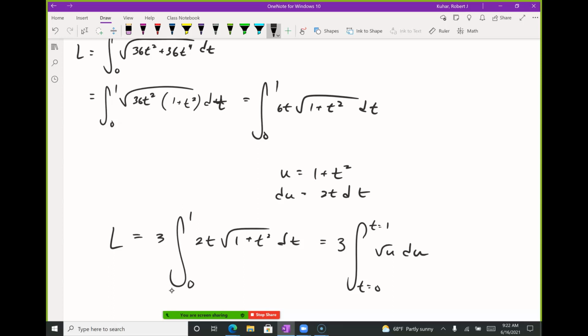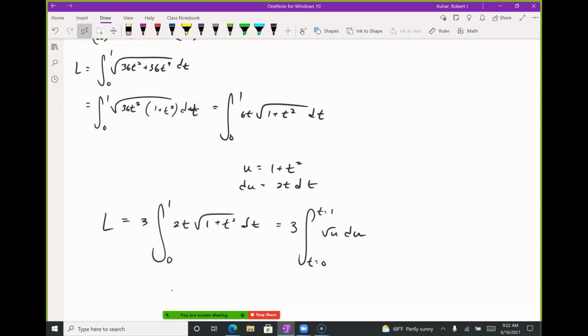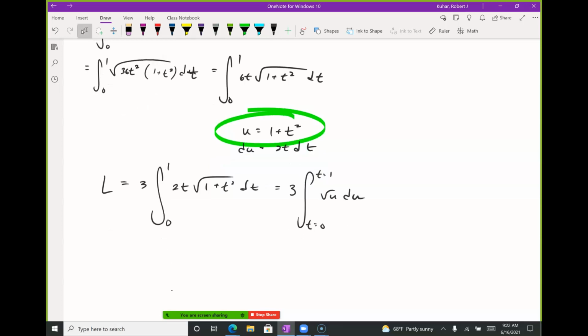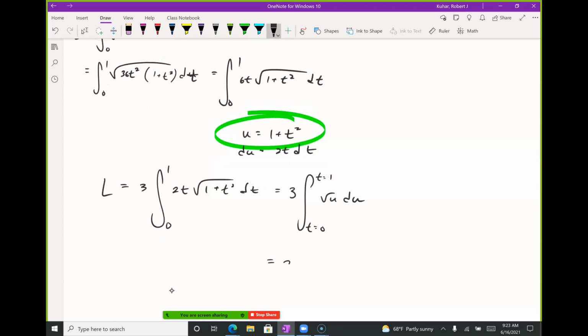I could convert my bounds if I choose to. Can anybody tell me what the bounds would convert to? When t is 0, u is 1, and when t is 1, u is 2. Exactly.